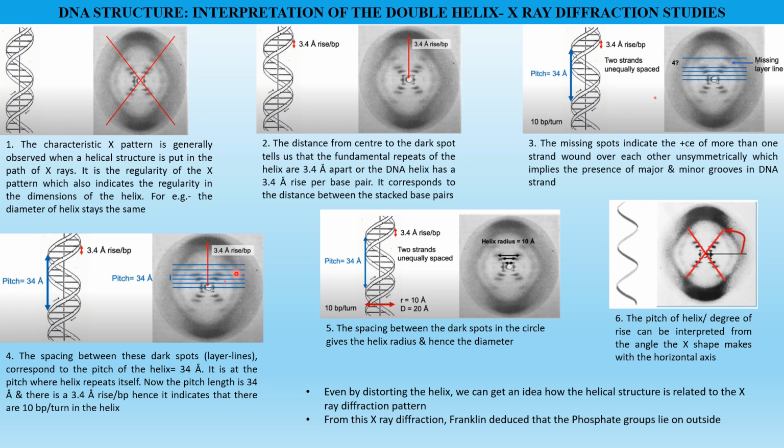Now you may get confused that it might correspond to the base pairs, but it is actually not so. It is one of the basic principles of X-ray diffraction that the closer the spots look, the larger the distance between them. I had shown you in the diagram the basic structure of a helical X-ray diffraction, so try to correlate with that.